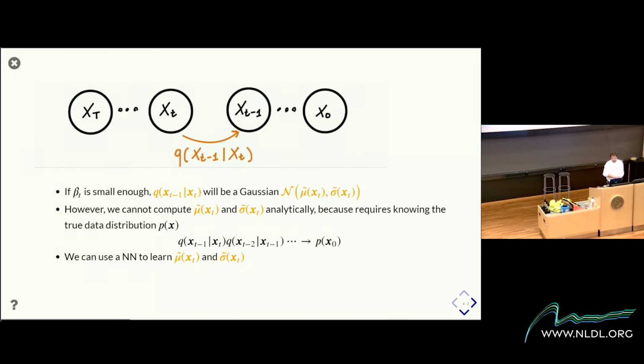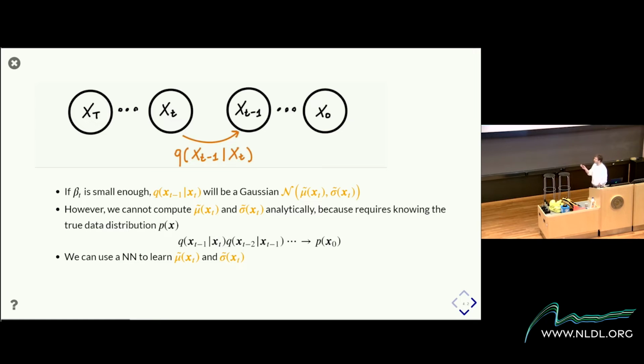Yes. Now let's talk about the backward process. The backward process is the one that starts from something that is pure noise, x capital T, and then gradually goes back until we reobtain our initial image, or an image in our initial domain.